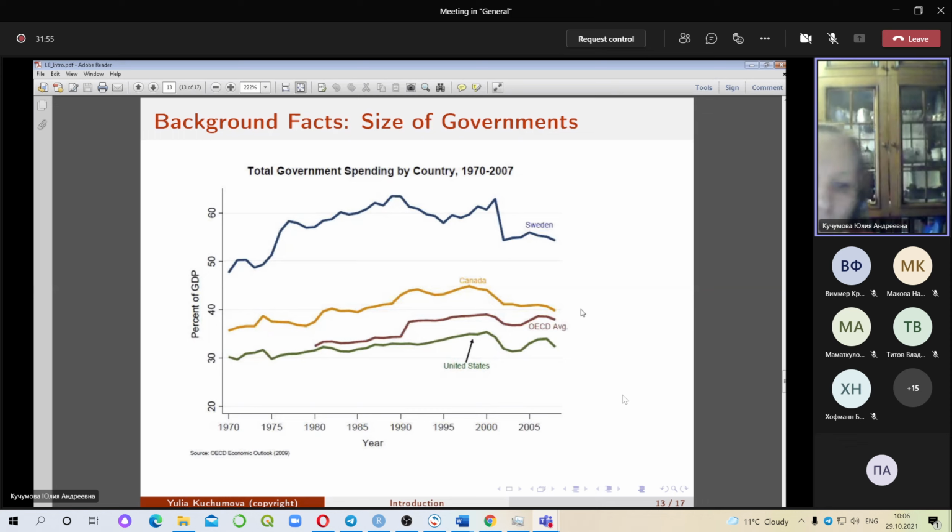And the United States in this graph is the country with the smallest size of the government in the economy, which is also something that we probably know from general notions.